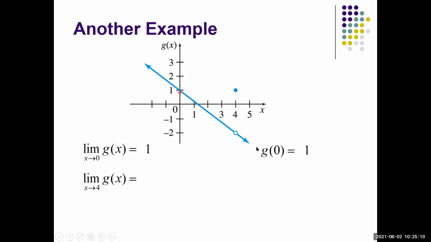Therefore, the left-hand and right-hand limits agree, and it's equal to -2. Now for g of 4, this is the corresponding g value. So when x equals 4, what's the corresponding y? You see that at 4, the function value is at this point. It is 1. Right?